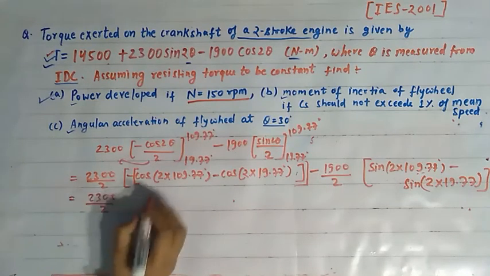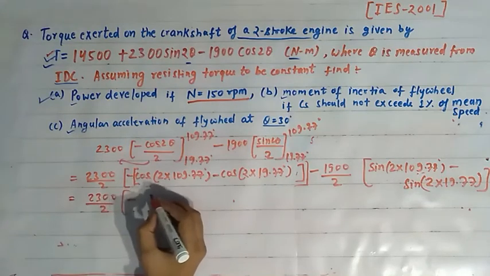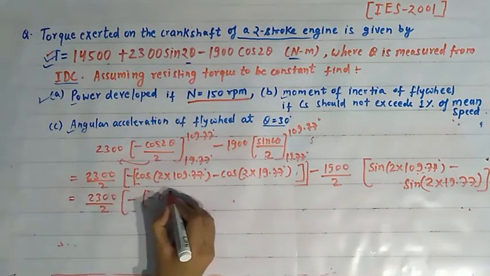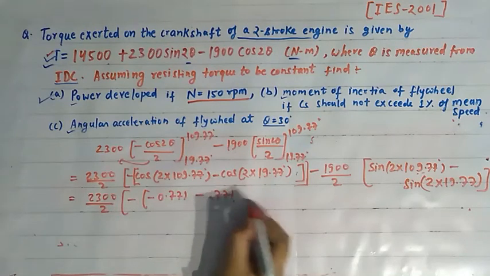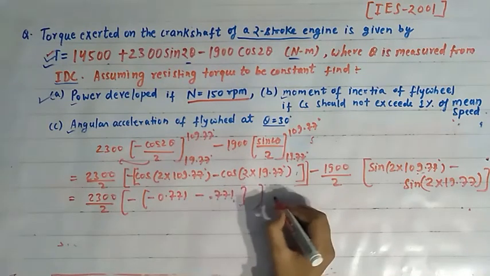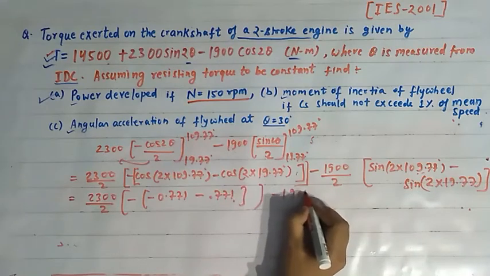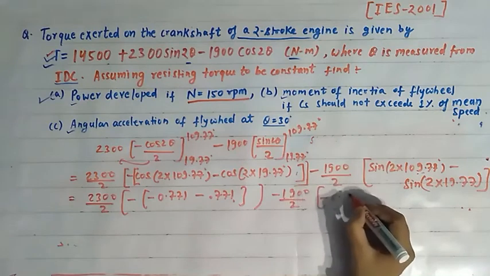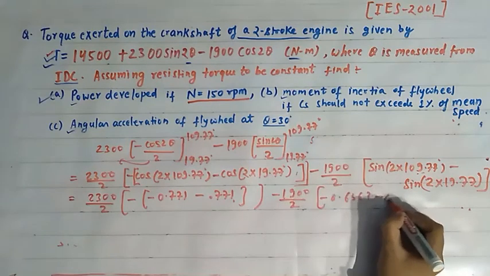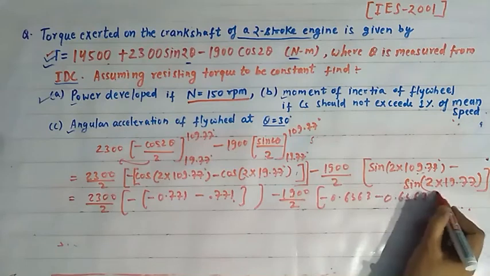2300 divided by 2 times minus 0.771 minus 0.771, minus 1900 divided by 2 times 0.6363 minus 0.6363.